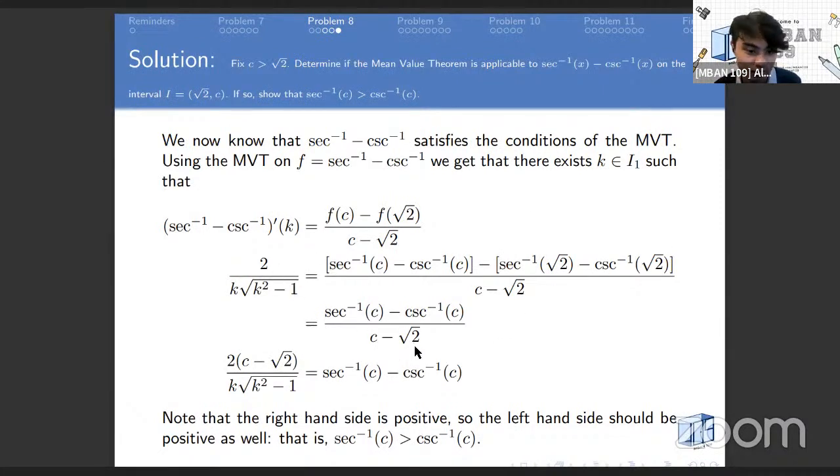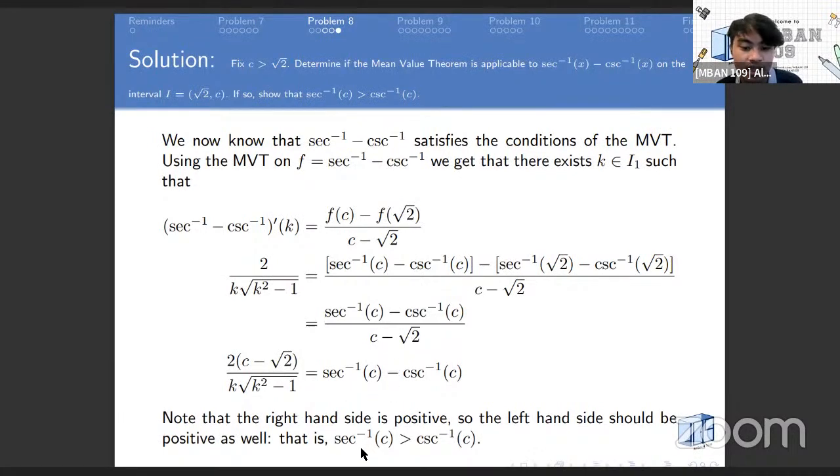So by multiplying both sides, yung left hand side and right hand side ng c minus square root of 2, makukuha natin na 2 times the quantity c minus square root of 2 all over k times the square root of k squared minus 1 is equal lang sa arc secant c minus arc cosecant c. Note that the right hand side is positive, so the left hand side should be positive as well.